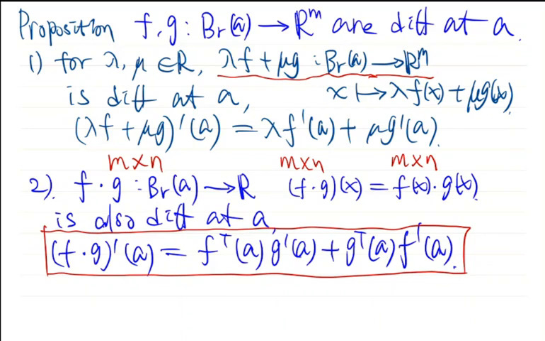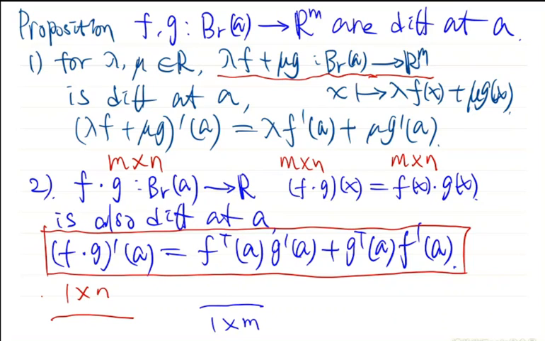So this is an equality for vectors, because the inner product function is from an n-dimensional ball to R. Therefore, the derivative is a 1 by n matrix, which is a row vector. Similarly, the first term on the right-hand side, the transpose of f(A), is 1 by m because f(A) is in R^m.